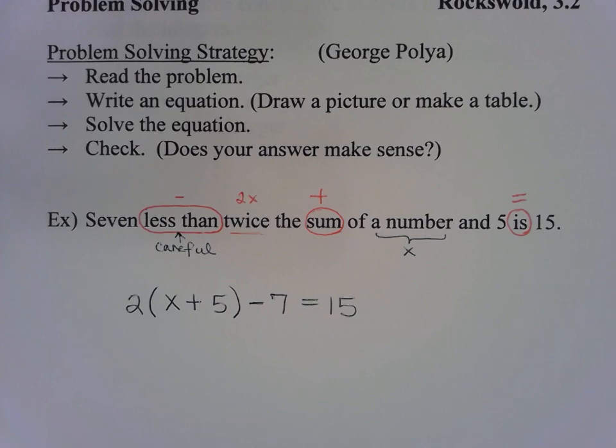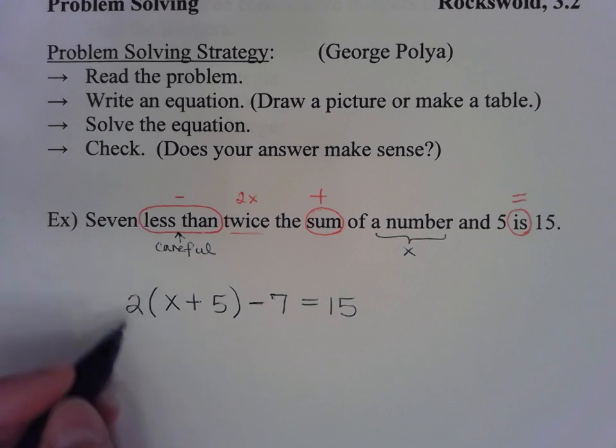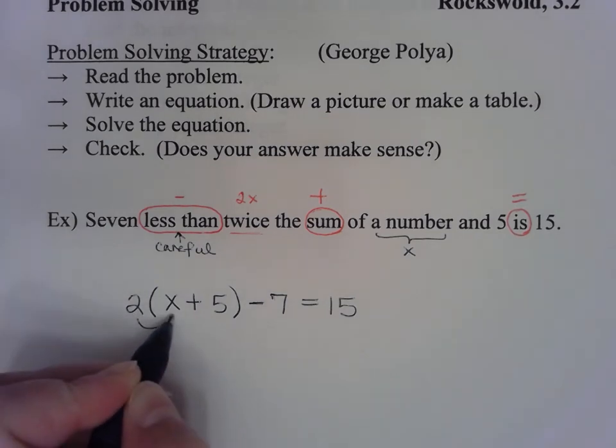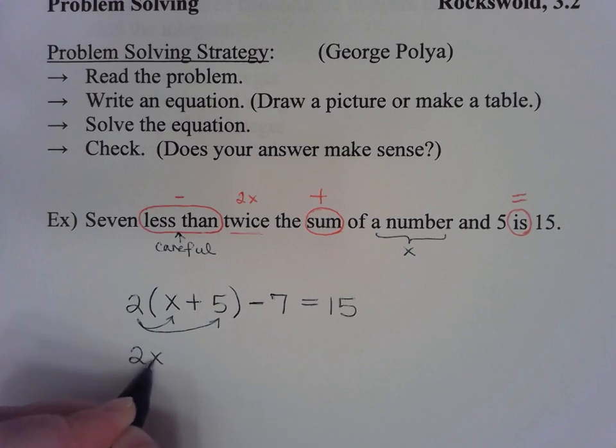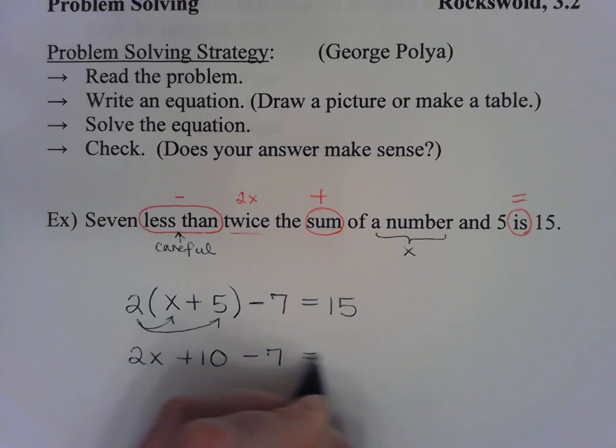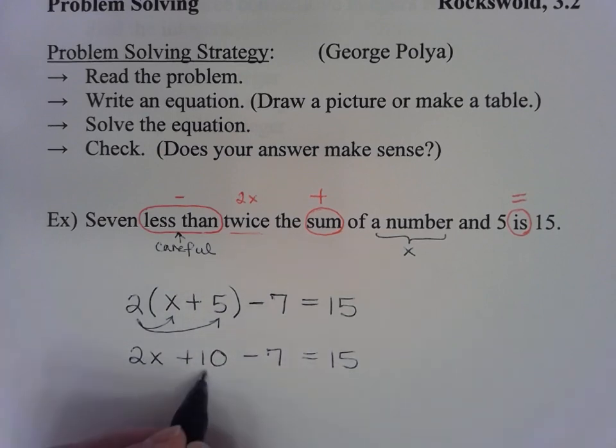I will say that for most of the word problems, the hardest part is just coming up with the equation. The solving, usually you guys have that down by now. But let's go ahead and finish this one out. We talked about distributing first. Then we'll combine like terms.